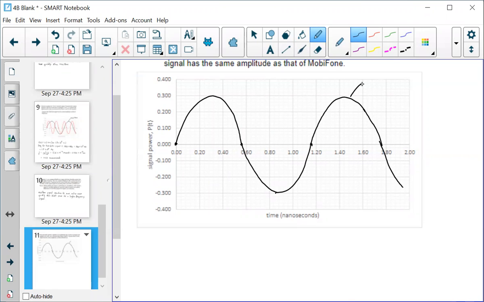Again, that is Mobiphone. And so we used red before. I'll just use green this time. And we're going to start at the same spot here. Cross about here.